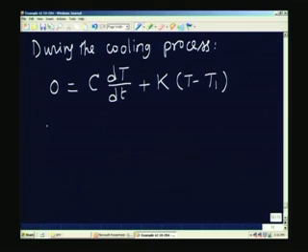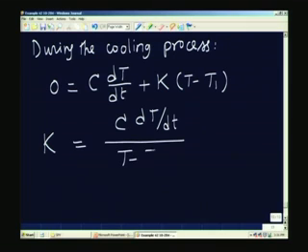So, I can rewrite this in the form K equal to minus C dT/dt divided by (T minus T1).